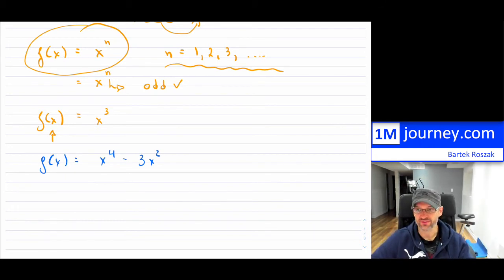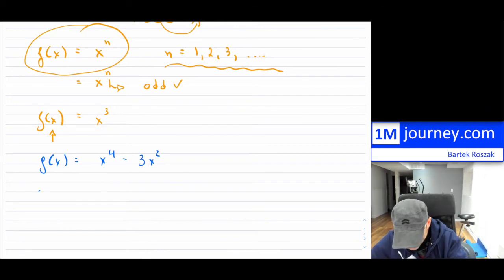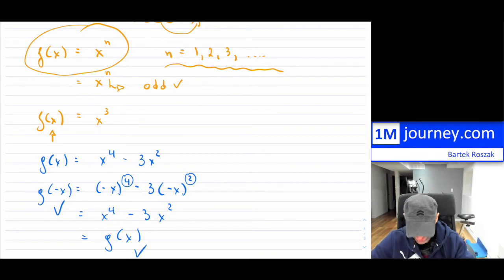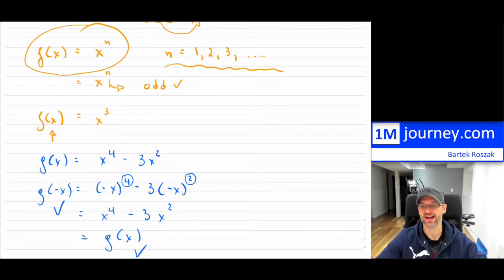Or you can just say f of x. Now, if I substitute a negative in here, well, what's going to happen? It's going to look like this. 3. Again, I'm going to substitute the negative. But hey, wait a minute. Because these are even, that negative is going to disappear. And I'm going to get back just my g of x. So indeed, for all the x values that I have, this is actually an even function.